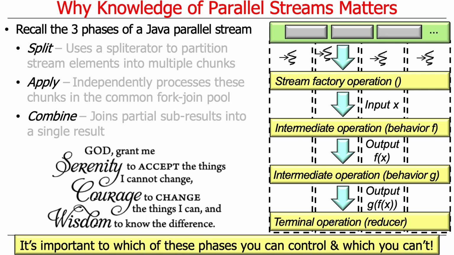So the trick here is to know which of these phases you can control and which ones you can't. As a general rule of thumb, you can control splitting quite nicely, you can control combining quite nicely, and you can control some aspects of applying. But applying has a lot fewer hooks to control than splitting and combining, and that's intentional.